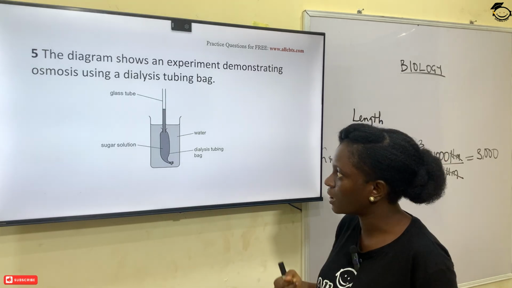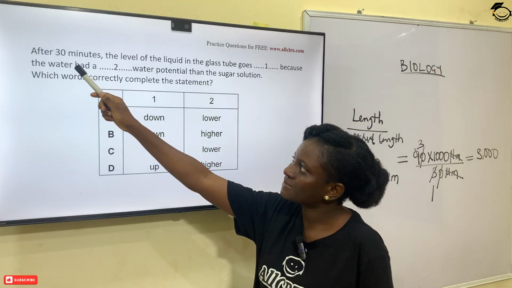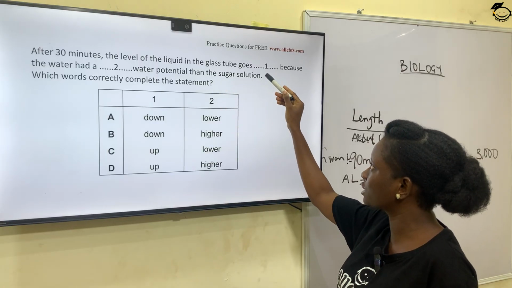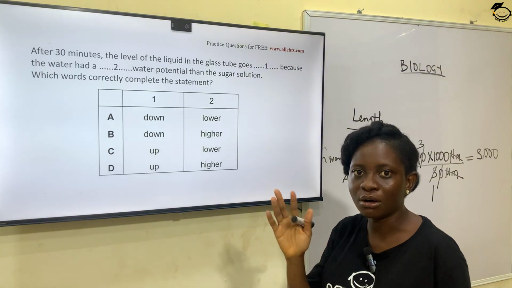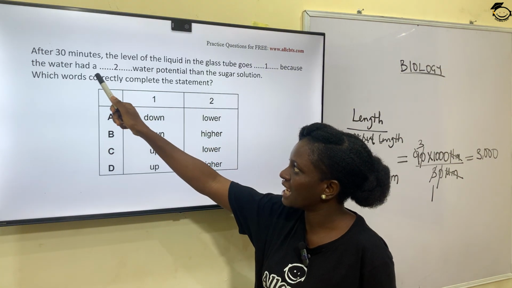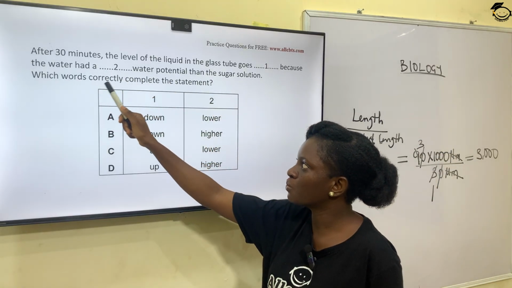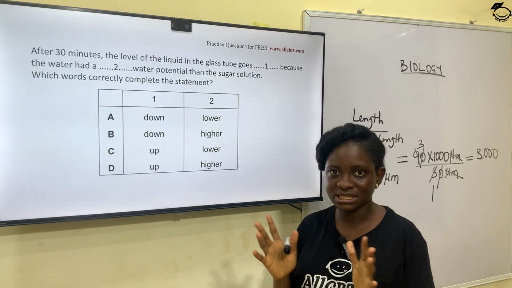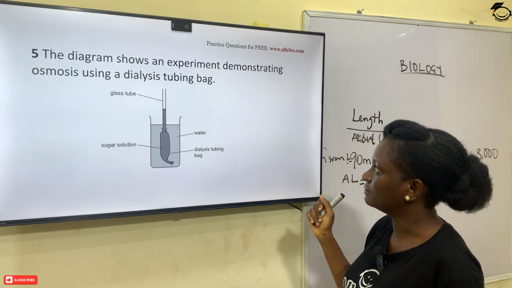So what is the question that is being asked? After 30 minutes, the level of the liquid in the glass tube goes, we don't know. Is it going up or down? Because the water had a dash water potential than the sugar solution, which words correctly complete the statement?